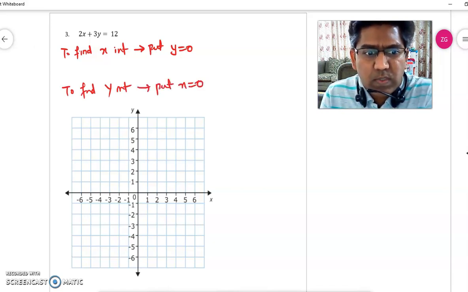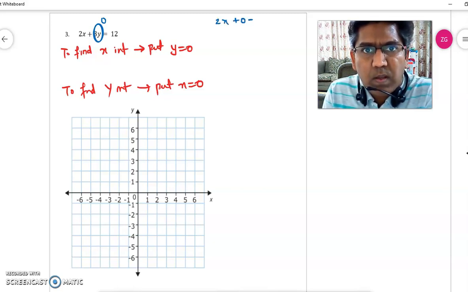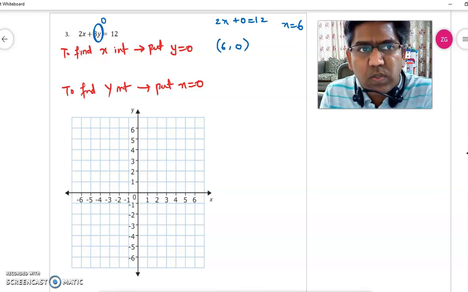So let's do the calculation. Now in the equation, when you put y equal to 0, the second term will become 0. So 2x plus 0 equal to 12. So on solving, you will get x equal to 6. So when the y coordinate is 0, the x coordinate is 6. So the x-intercept is 6, 0.